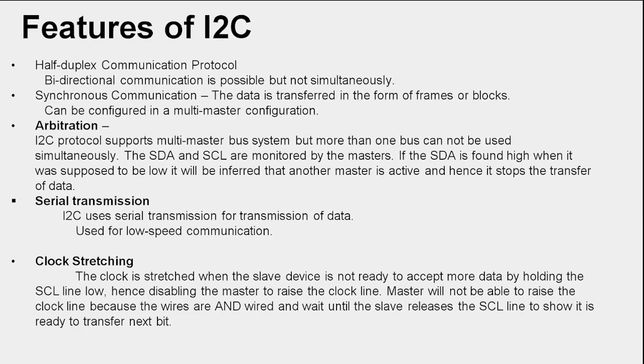Once the master sends a communication and releases the SDA line, then the other master will take control of it. So it has arbitration to support multiple masters on the line. Due to serial transmission, it is used only for low speed communication. It can communicate only a small amount of data because it's serial.